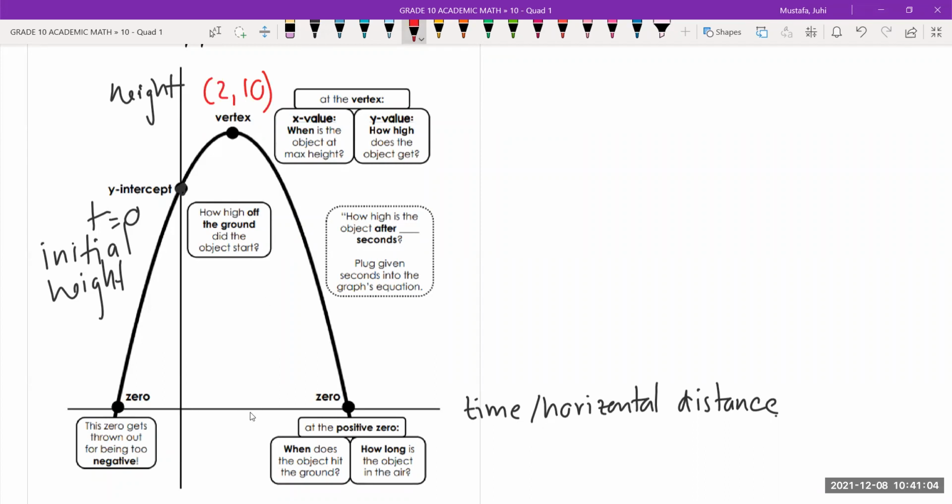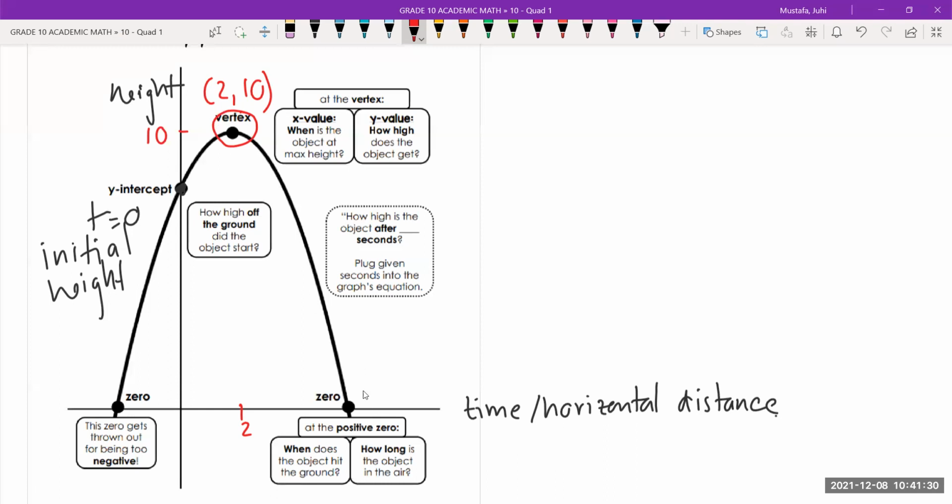That means this number here is 2 and this number here is 10, so the maximum height of the ball occurred after 2 seconds, and that maximum height was 10 meters. So the vertex tells you when it reaches the highest point, and how high above the ground it is at that point.